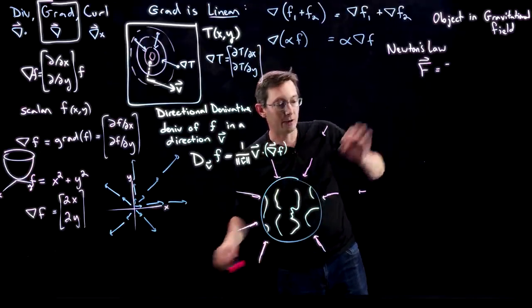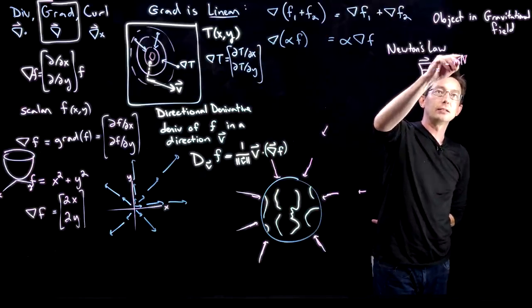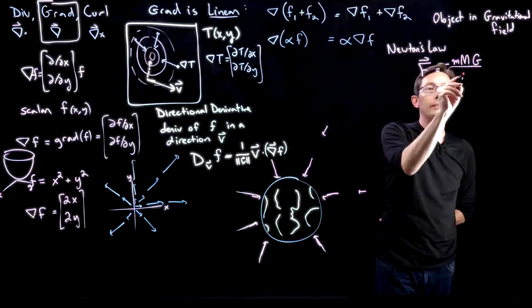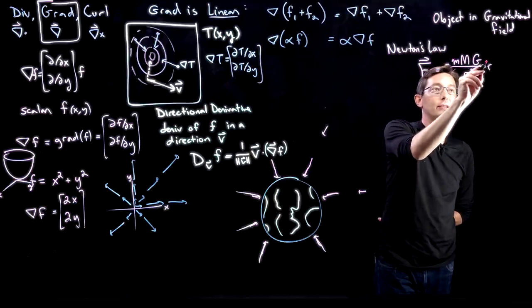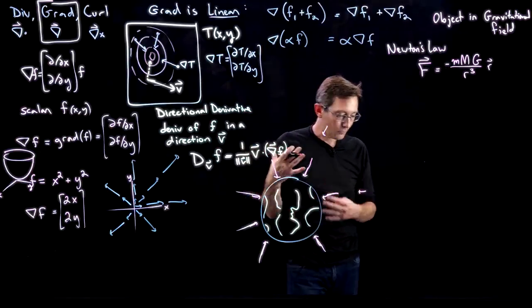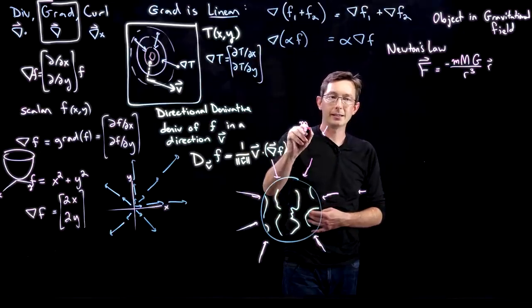And you can write that down, Newton's law, as minus little m times big M times the gravitational constant divided by the radius cubed times some radius vector. So that's if I have some point out here with mass little m.